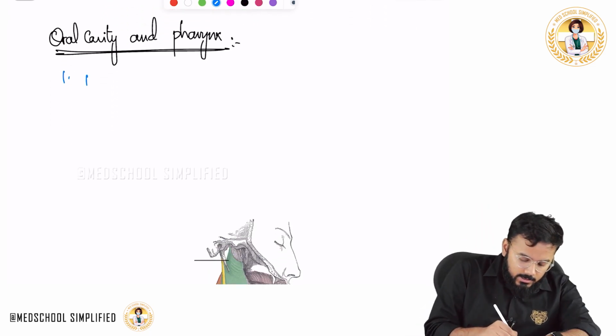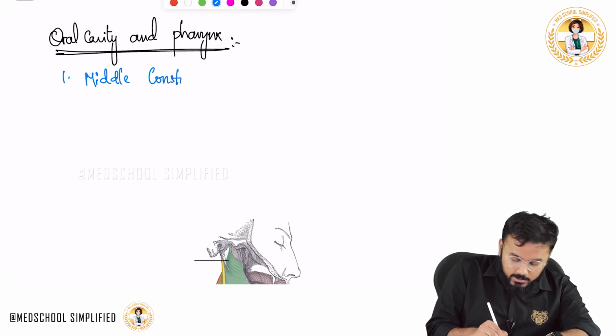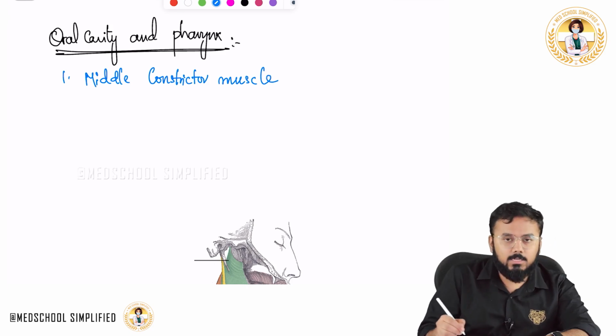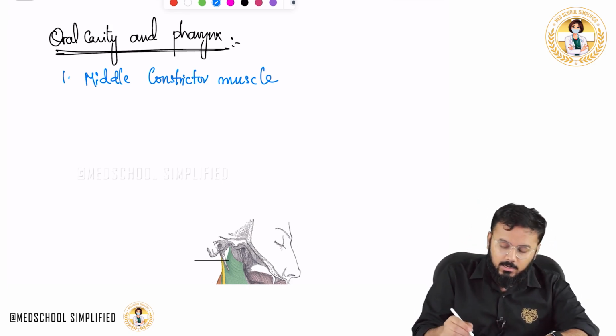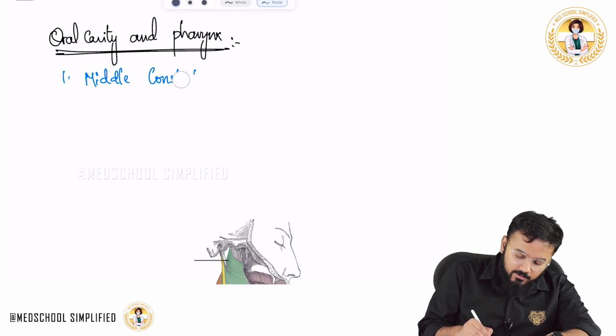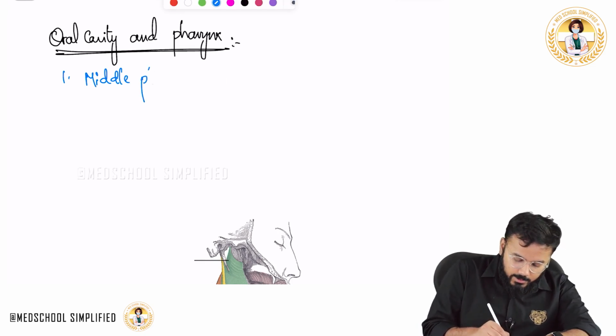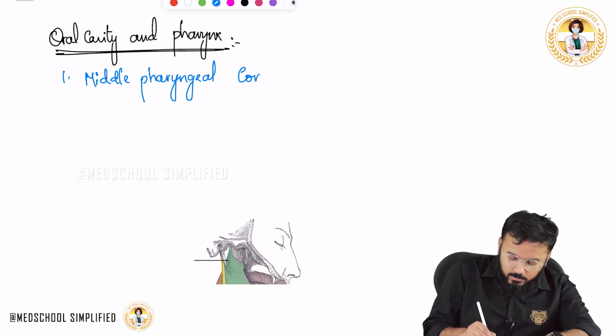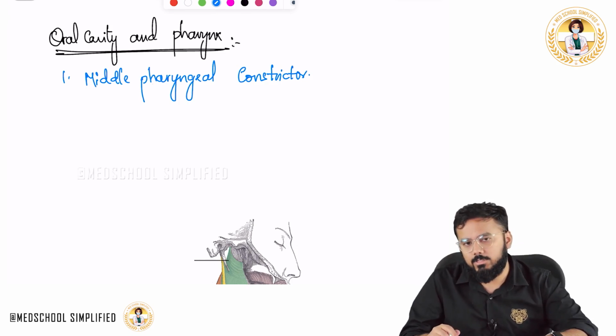The first muscle is called the middle constrictor muscle, which you can also call the middle pharyngeal constrictor.